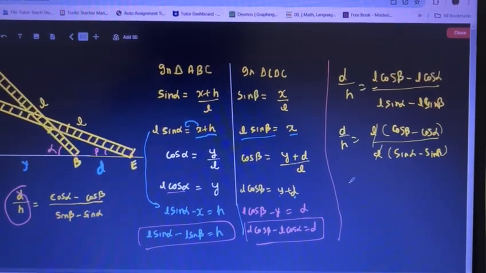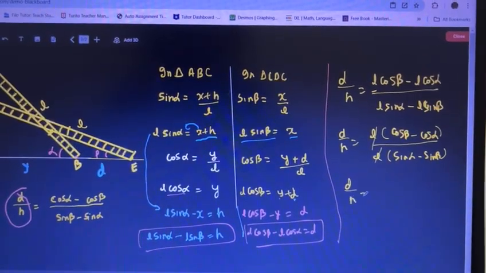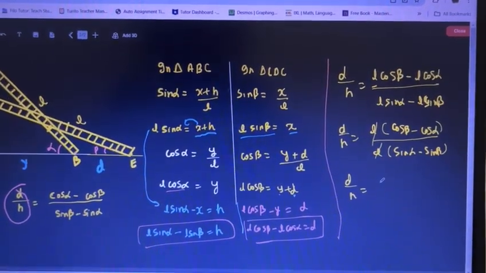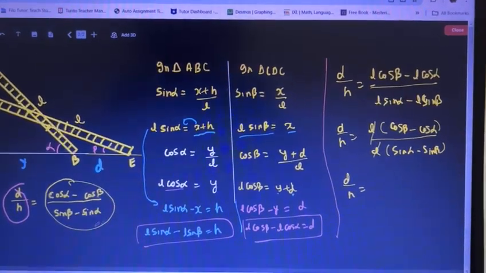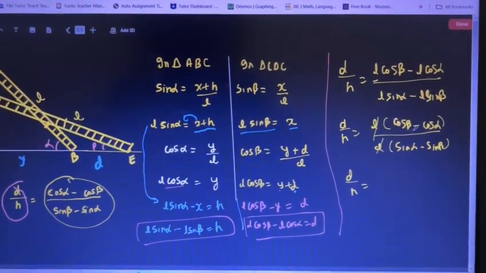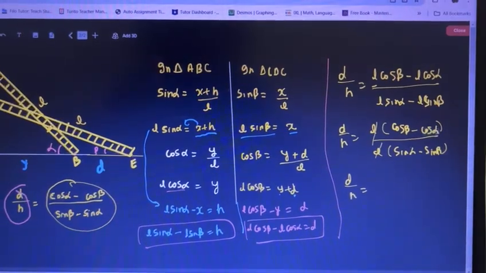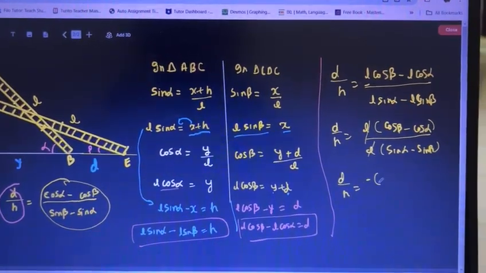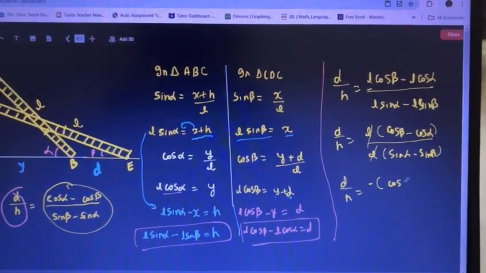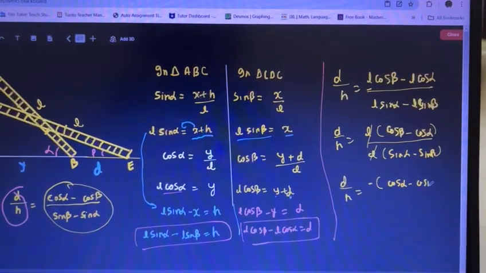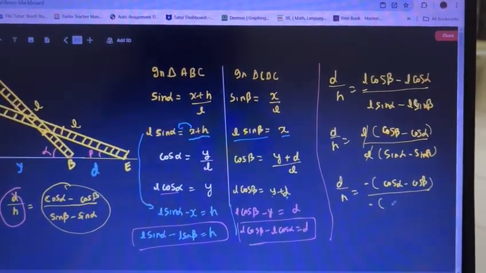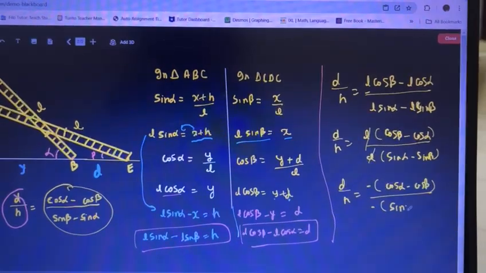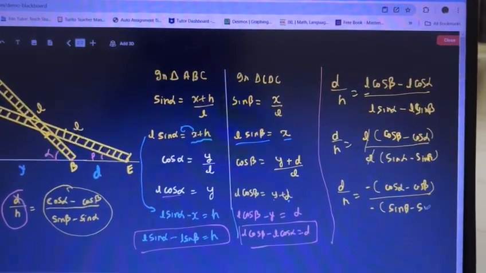L and L will cancel out, so you'll have D over H equal to cos beta minus cos alpha over sin alpha minus sin beta. But here we have to prove cos alpha minus cos beta over sin beta minus sin alpha, so you have the opposite thing. So what you can do is common out -1 from the top, so inside it will be cos alpha minus cos beta, divided by, now common out negative from the bottom also, so it will be sin beta minus sin alpha.